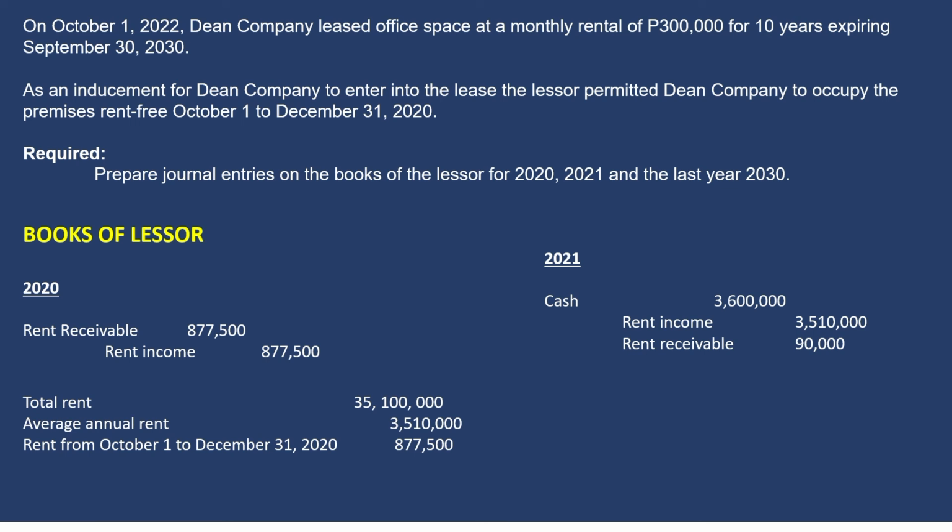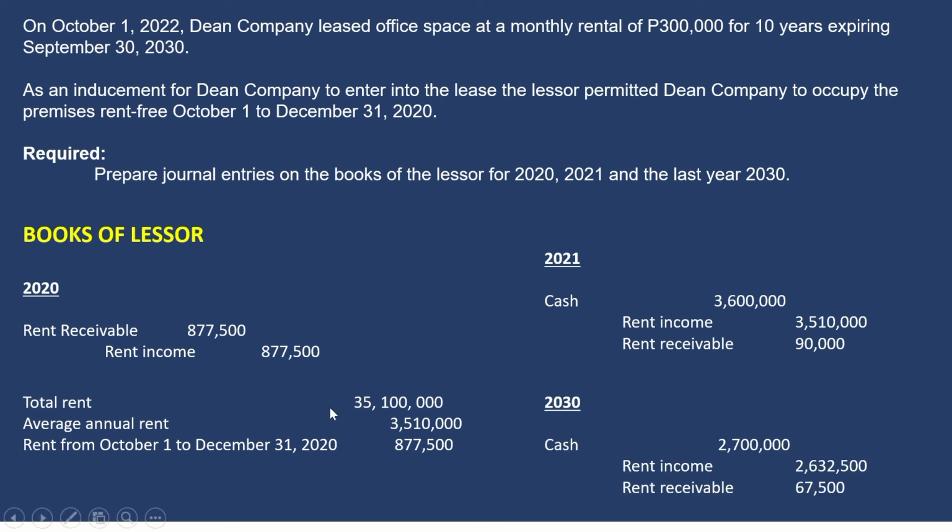Debit cash 3,600,000 because 300,000 times 12. Okay? For the whole year. So that's 3,600,000. Credit rental income, katong annual, 3,510,000 and credit rent receivable 90,000.